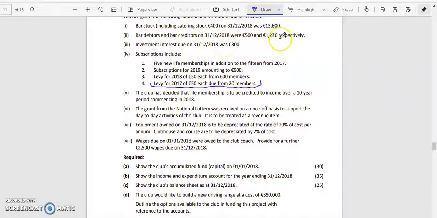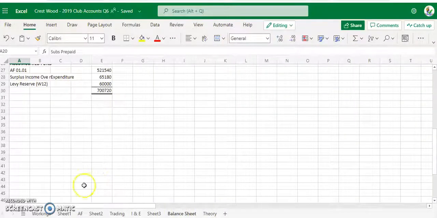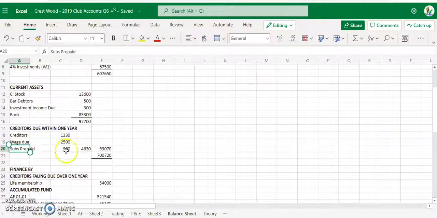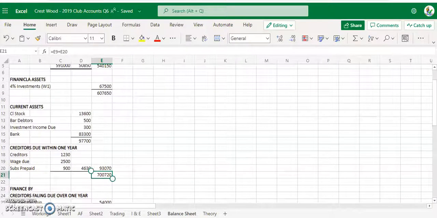So creditors 1,213, our wages due 250, and then our subs prepaid is hidden in here for 2019, so make sure we include that as well. And then you're going to add up your creditors, take it away from your assets, and that's going to give us our net assets of 700,720.